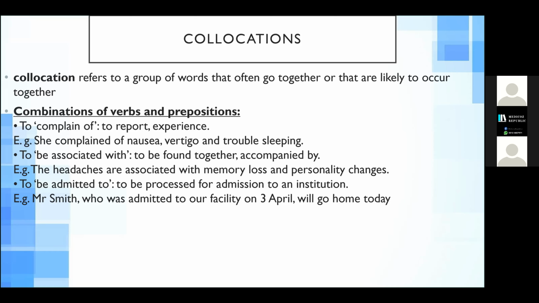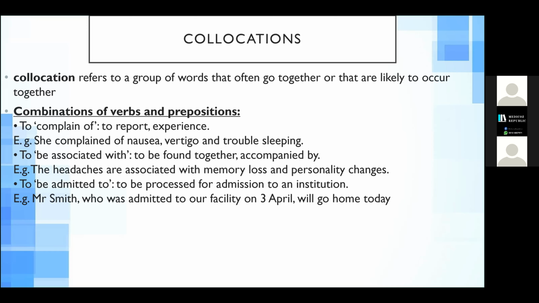But if we're writing a healthcare letter, to complain of is more suitable. She complained of nausea, vertigo, and trouble sleeping. Or she is complaining of nausea, vertigo, and trouble sleeping. We will not say she is reporting of nausea, vertigo, or trouble sleeping, because the collocation complained is associated with healthcare vocabulary.